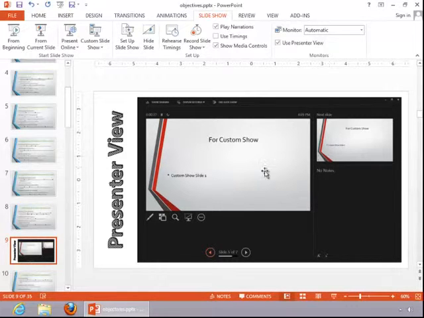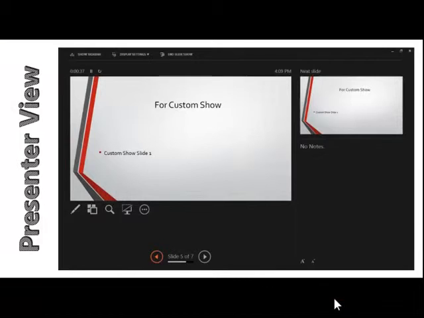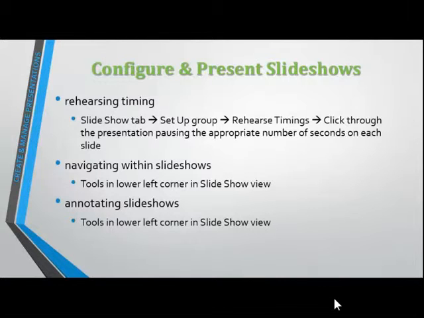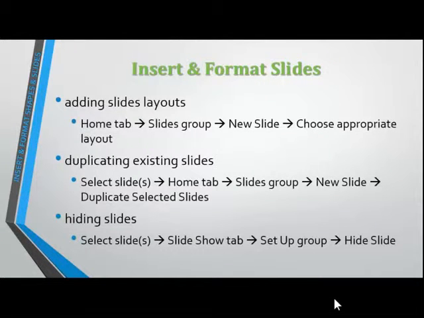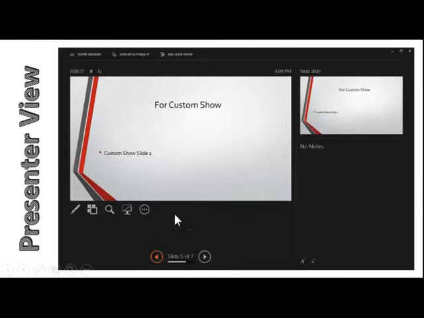This is what you as the presenter will see. Your audience would just see a regular slideshow, such as this. That's what they'll see. This is what you would see, and you would have these different options for presenter view. You can also see your notes over here if you have entered notes in the notes pane.